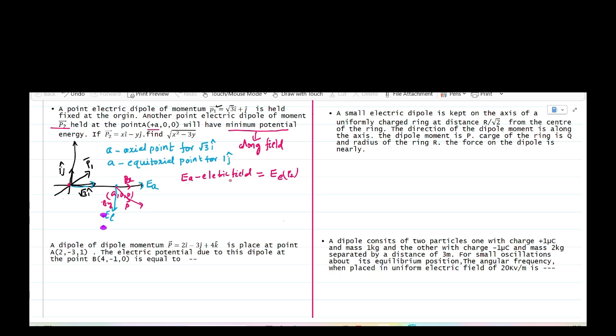The EA electric field of P1 is equal to the E equatorial of P2. That means K P2x is equal to 2K P1x by AQ.